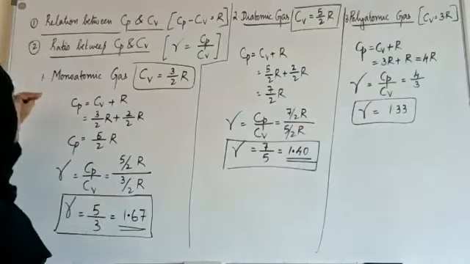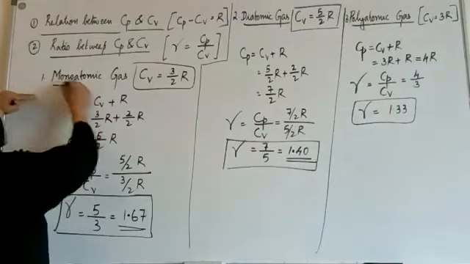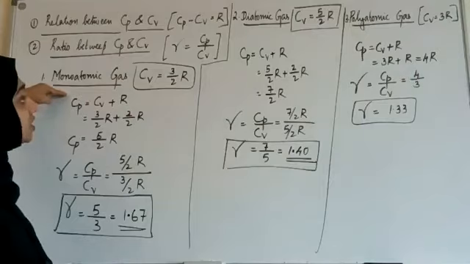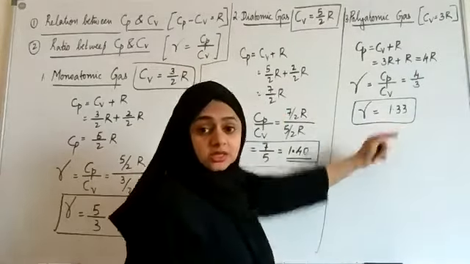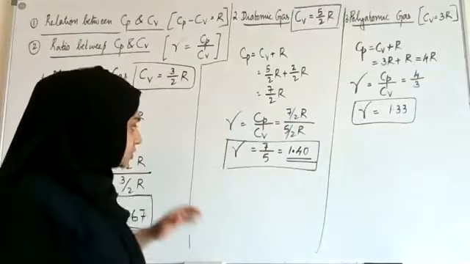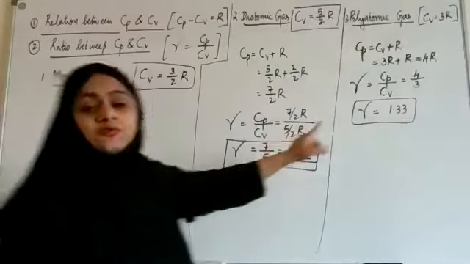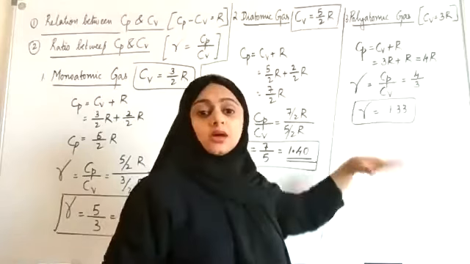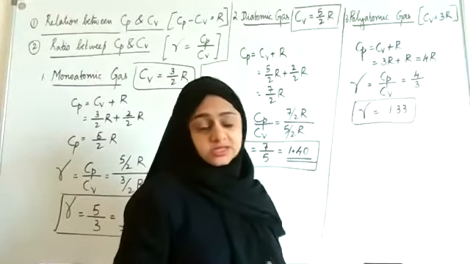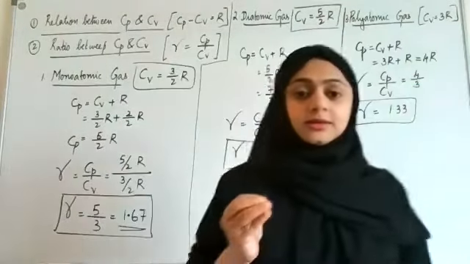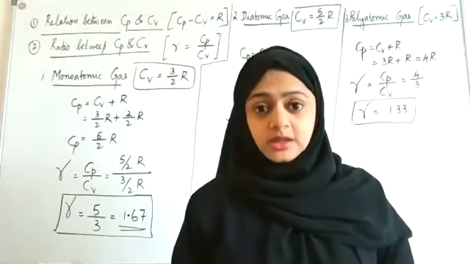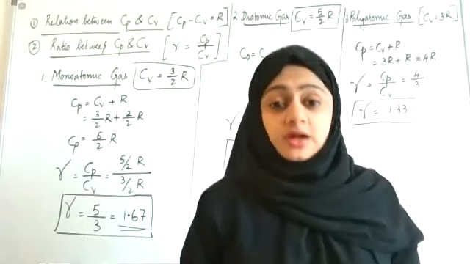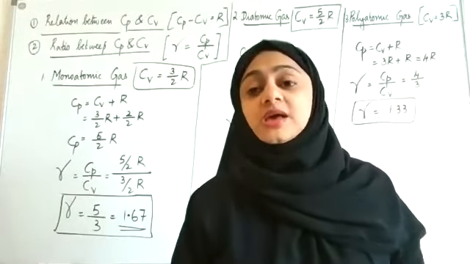So we have the value of gamma for monoatomic gas, diatomic gas, and polyatomic gas. It's better to remember these values if you have good memory. Otherwise, you will have to derive them. And one of the important properties of gamma is that it can be used to find out what kind of gas it is.